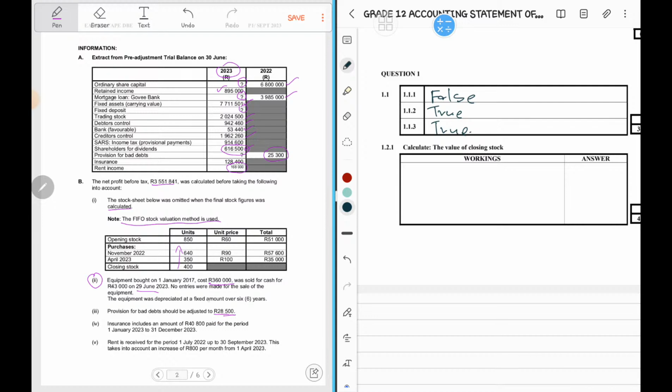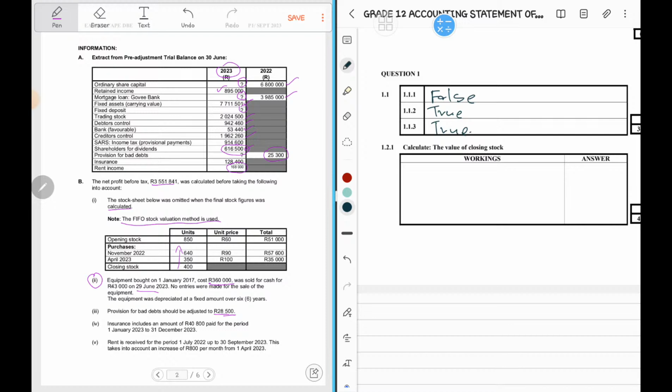I remember on our last lesson I said that if they say "by", that is the difference, but this time around they said "to", it means that they have already calculated it for us. What we have to do is compare the one for this year with the one from the previous year, so that we can determine if it is an increase or a decrease.